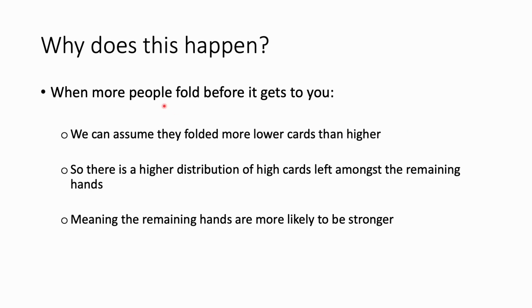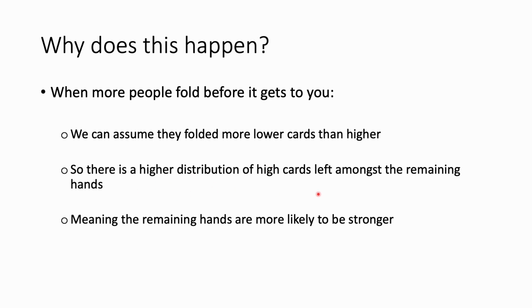Okay, so why does this happen? How does this work? We'll break it down real simply. When more people fold before you, we can assume that they fold more lower cards than higher. That's basic strategy. Everyone who plays poker follows those rules. Generally speaking, higher cards are better, of course, not straight up, but in general, people are going to play more higher cards than lower cards.